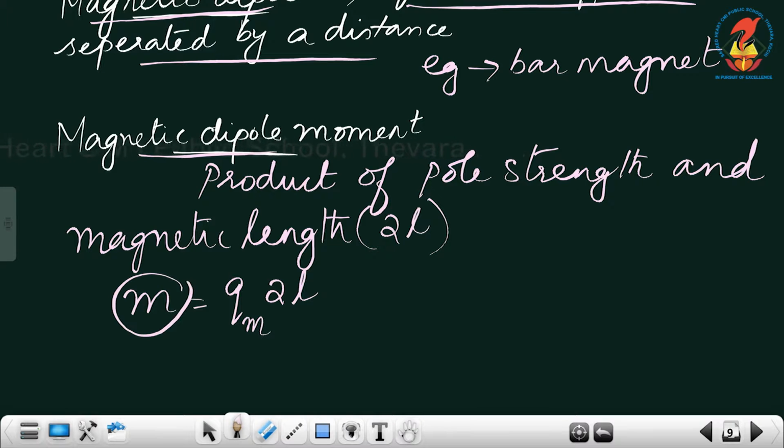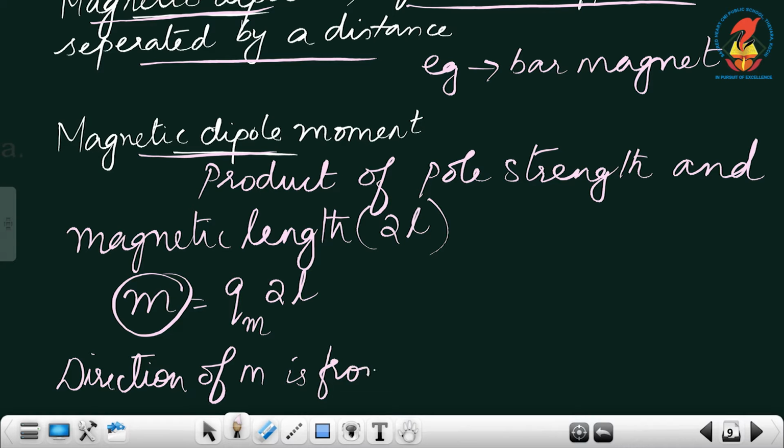m is a vector quantity, and the direction of m, that is the direction of magnetic dipole moment, is from south pole to north pole.